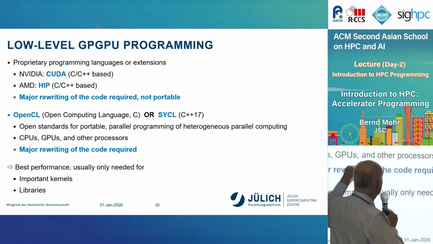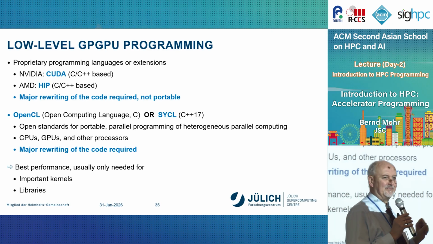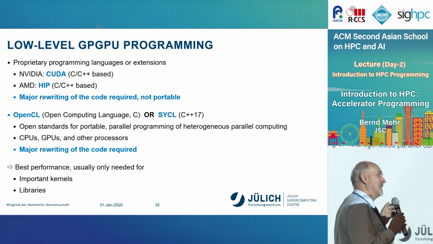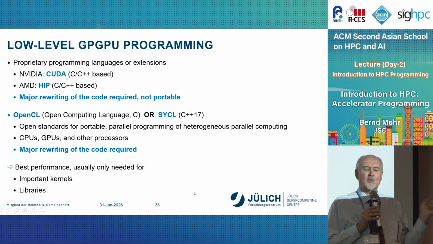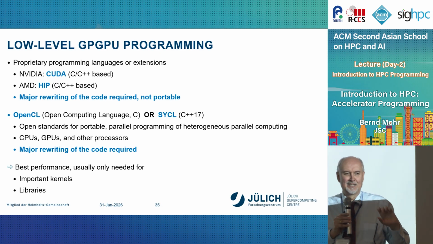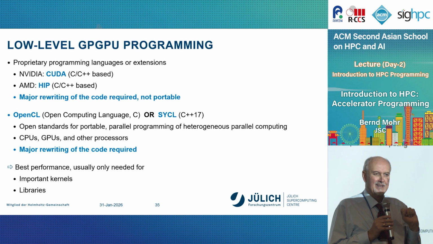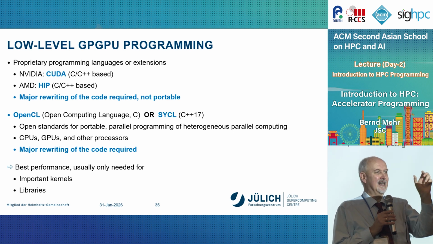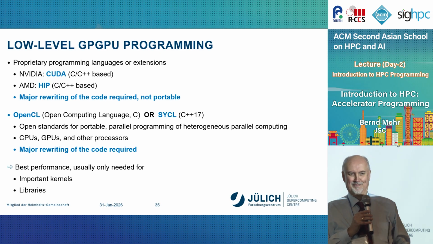Then AMD came later, and they introduced something called HIP. The fun thing is, they were intelligent enough not to do it totally different. Basically, they took the CUDA documentation, and every time there is the word CUDA, they replaced it by the word HIP.